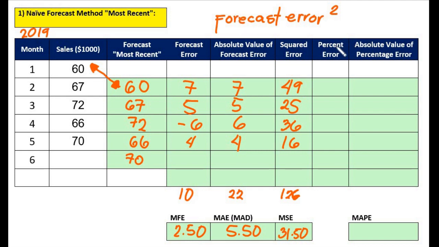Okay, we proceed then with the percent error. The formula for the percent error is equal to the value of your forecast error divided by your actual sales times 100.